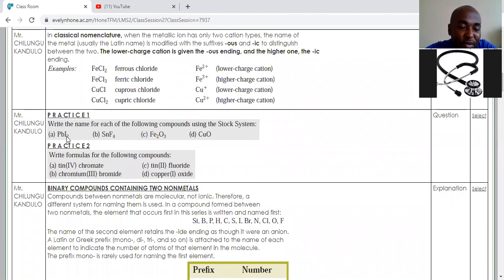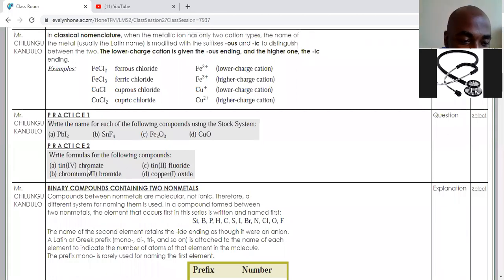Then lead 2 iodide. Then apart from some of these formulas, chromate, it's on the polyanions. That's why you have chromate. Tin 2 fluoride, you can work this one out.